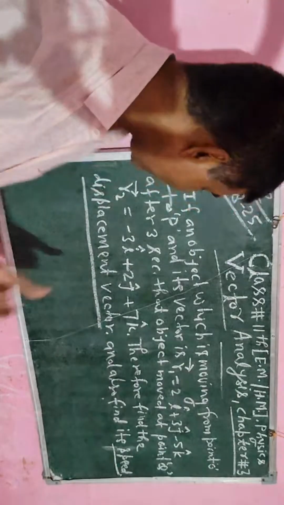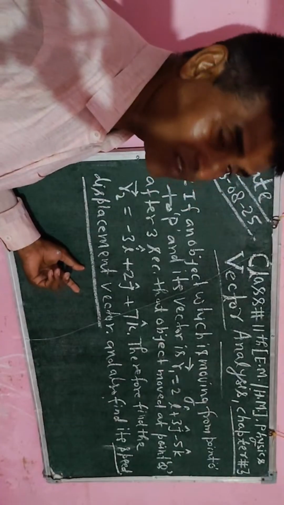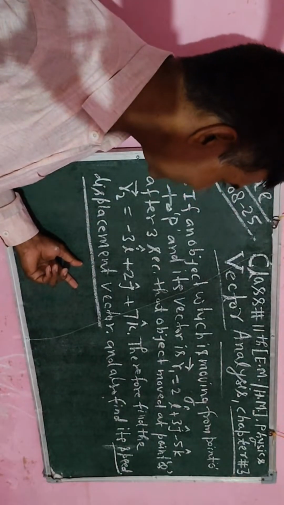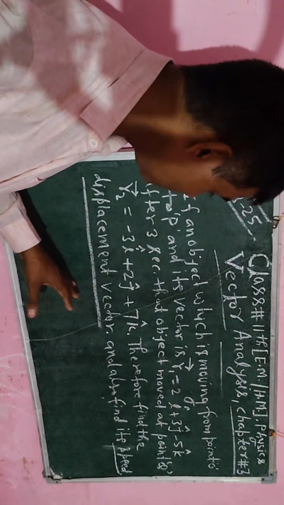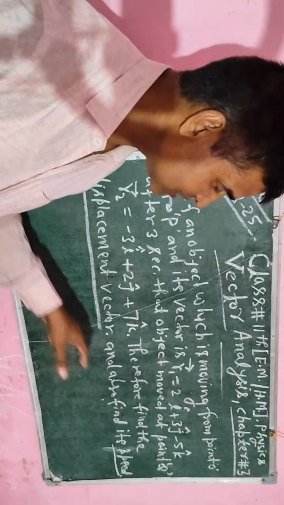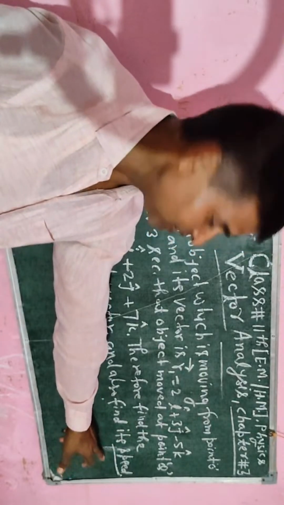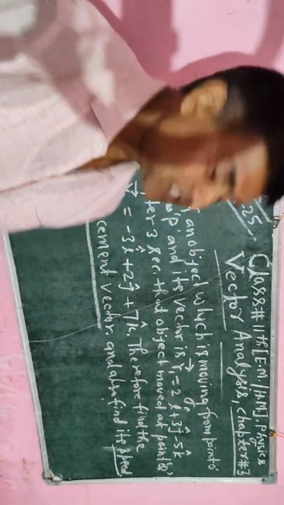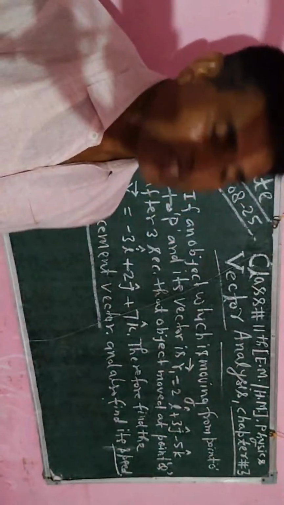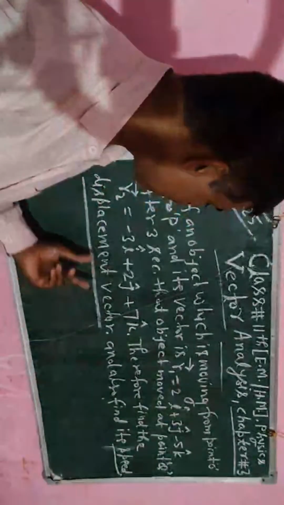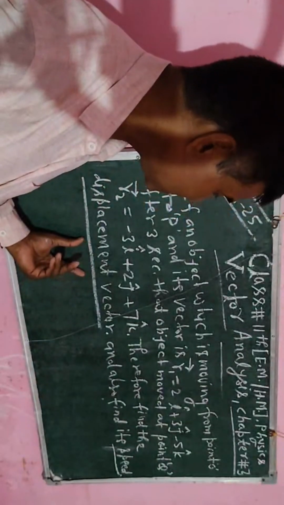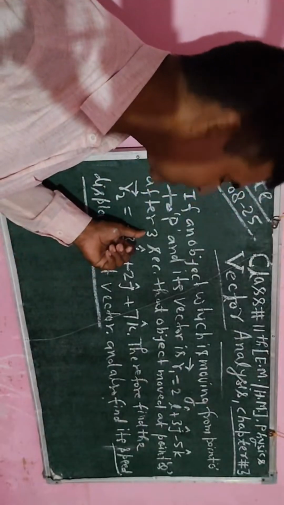So we have to find the displacement vector, that is the length PQ, and then I will take its magnitude, and after taking its magnitude I will find the speed. Speed is distance with time. So I will take the magnitude of this displacement vector, and time is given here as 3 seconds.